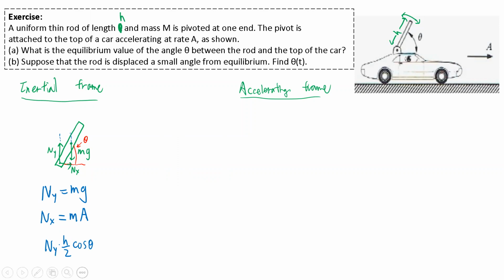And then if I consider the other one, the nx, this one gives me a torque that makes this rotate clockwise. But then nx gives me another torque that rotates anti-clockwise. So if this is indeed not rotating, then it has to balance by this nx times h divided by 2 sine theta naught.